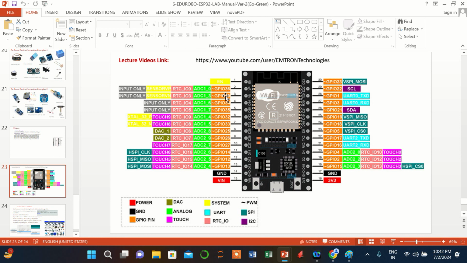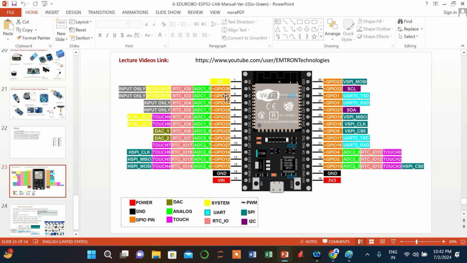And what do you mean by pin? Pin means the number, like you can see, 36, 39, 34, 35, which is nothing but the GPIO number. From controller to controller the number could be different. As far as ESP32 is concerned, they have specified the numbers, and some ESP32s even have more pins.